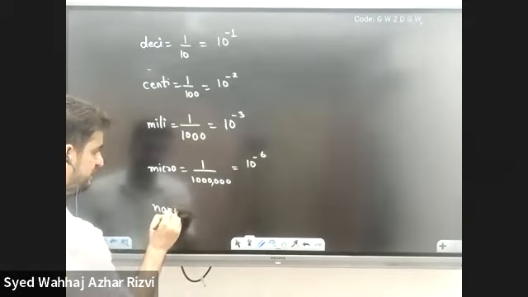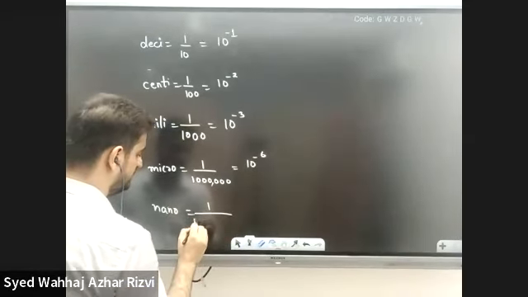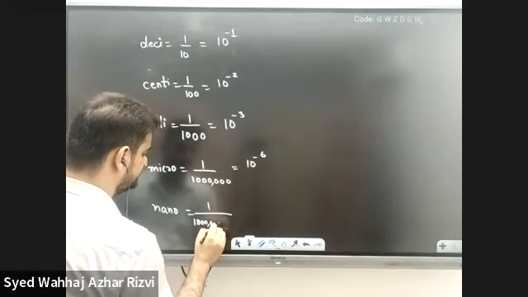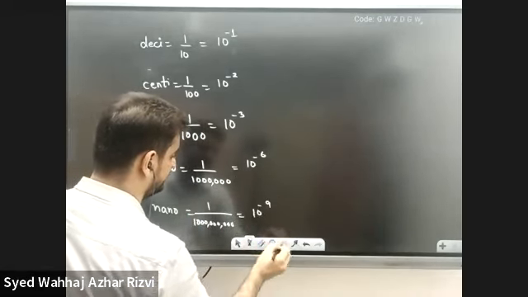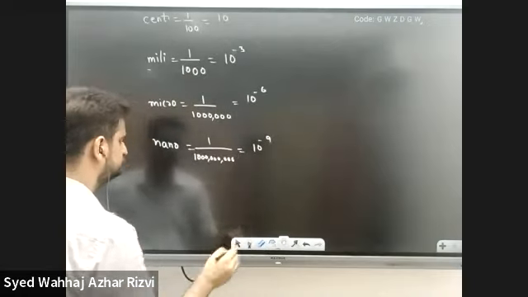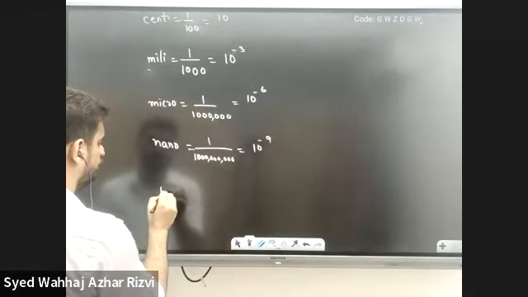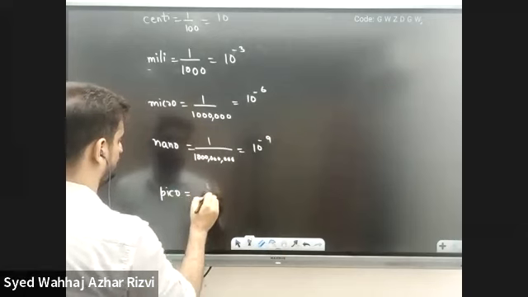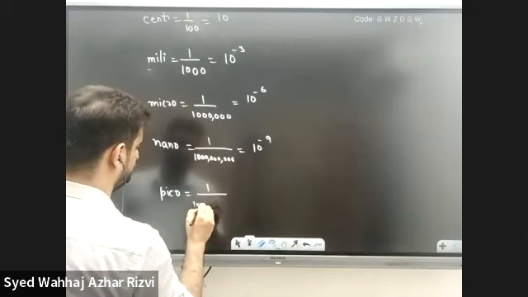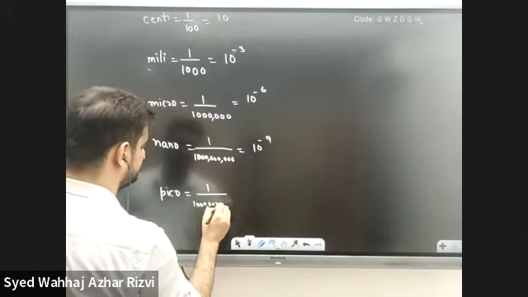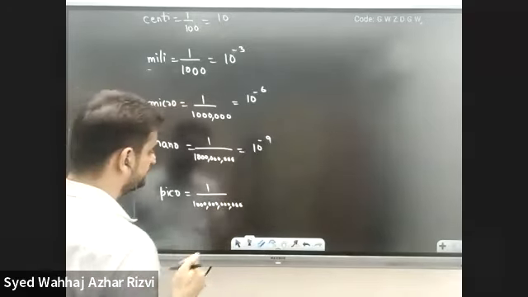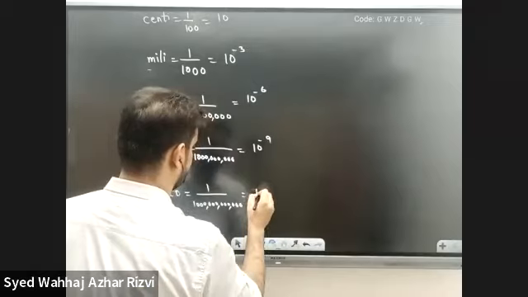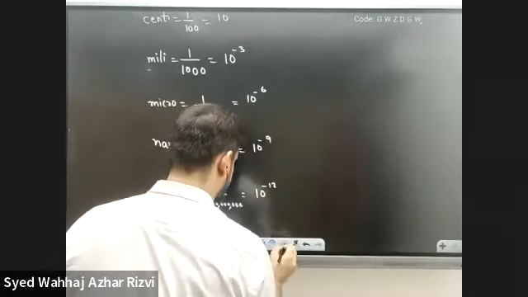Then nano, it means 1 over 1, 2, 3, 4, 5, 6, 7, 8, 9. It's 10 raised to power negative 9. Got it? Pico. 1 over 1, 2, 3, 4, 5, 6, 7, 8, 9, 10, 11, 12. Each time we are increasing it by 3. 10 raised to power negative 12.